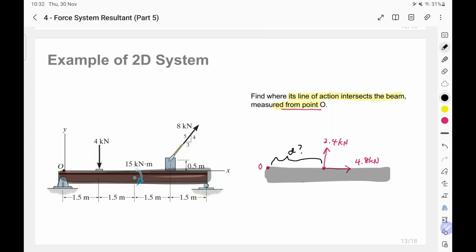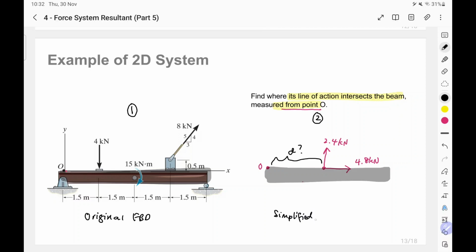Okay, apa yang kita boleh buat adalah kita buat comparison di antara free body diagram untuk gambar rajah di sebelah kiri dengan free body diagram untuk gambar rajah di sebelah kanan. Dalam erti kata lain, gambar rajah sebelah kiri ni is actually the original system lah, the original free body diagram, whereas the figure on the right is actually the simplified free body diagram.